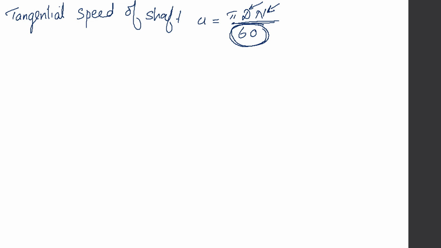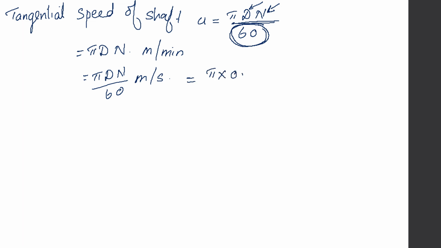Actually this is pi dn meter per minute, so in order to convert it into seconds, we give it as pi dn by 60 meter per second. So we get pi into diameter 0.1 meter multiplied by n is 150 by 60 rotations per second. So we get 0.78 meter per second.